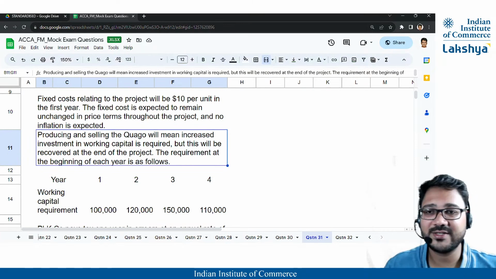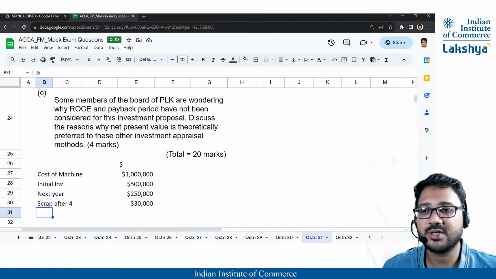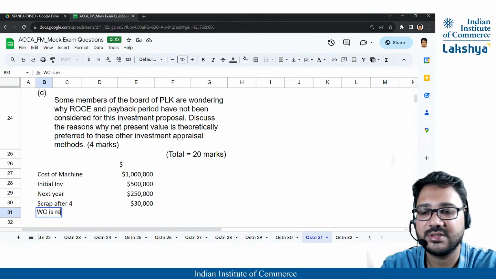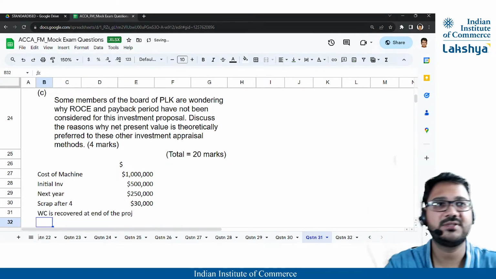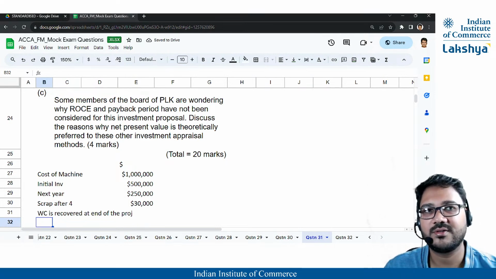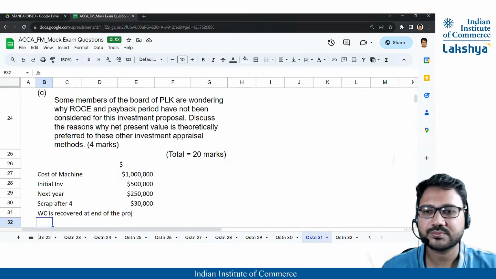In fact, we should write it down, is that cargo so will be recovered at the end of the project. Okay, so the working capital is recovered at end of the project. Okay, there is a recovery in working capital, whatever we have invested in that, right?